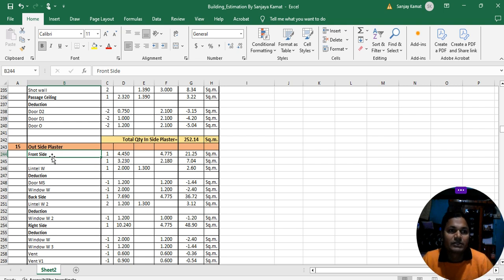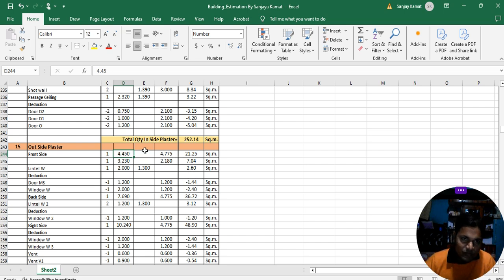See, the front side. If we do the outside plaster, then for the front side we need number 1, and the length is 4.450 meter and the height is 4.775. After multiplying you will get 21.25 meter square. Similarly you will do the lintel W, and after multiplying you will get 2.60.